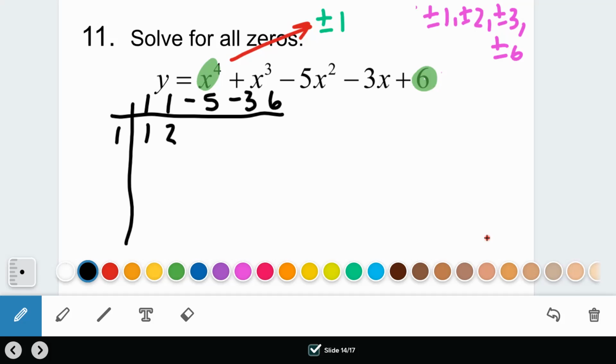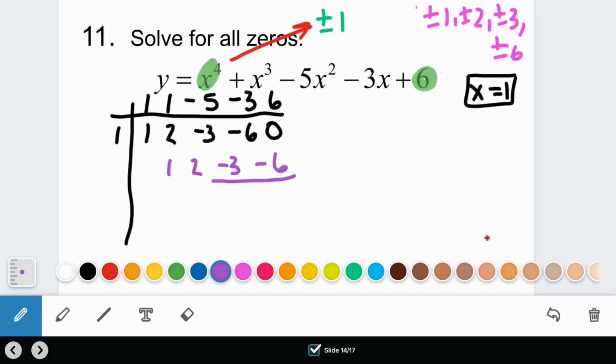I add it to negative 5, I get negative 3. Negative 3 times 1 is negative 3. I add it with negative 3, I get negative 6. Negative 6 times 1 is negative 6. I add it to 6, I get 0. So I found one solution. One solution is going to be x equal 1. So now I'm going to do a new synthetic division with a 1, 2, negative 3, negative 6.